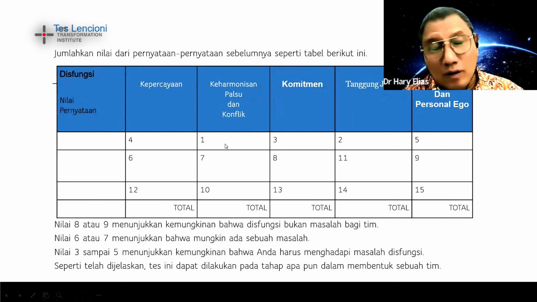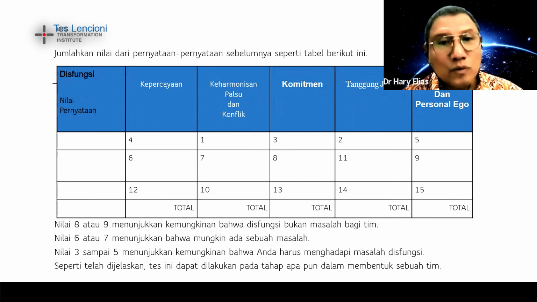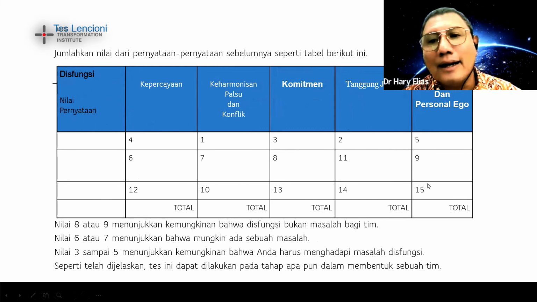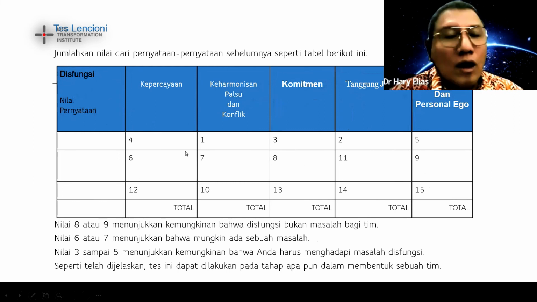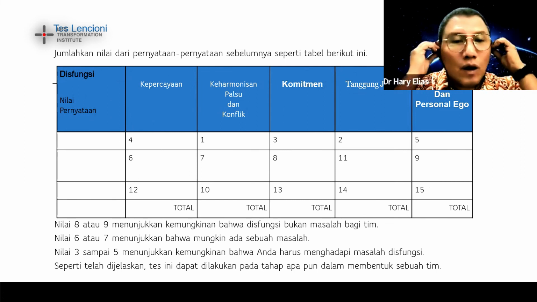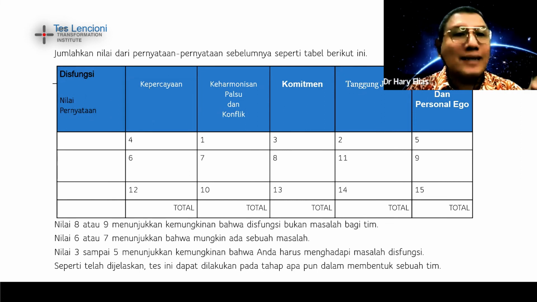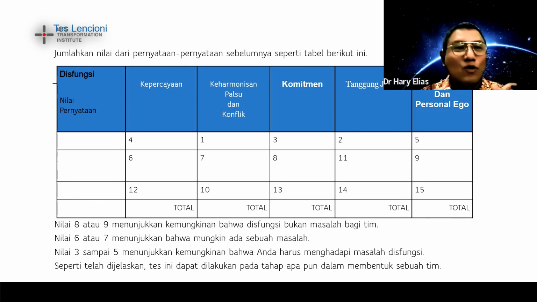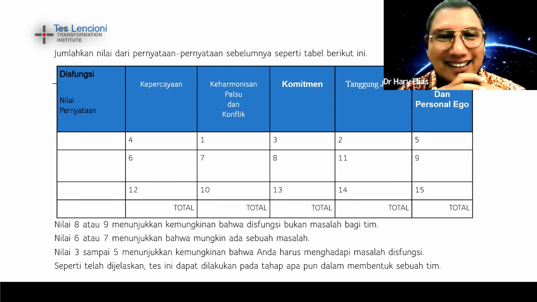And the same for kalimat 1, 7, 10, 3, 8, 13, 2, 11, 14, dan 5, 9, 15. Okay? Write down and add. Ya, dijumlahkan. Untuk kalimat 4, 6, dan 12, berapa nilainya? So do that first. I'll give you maybe a minute to do that very quickly.